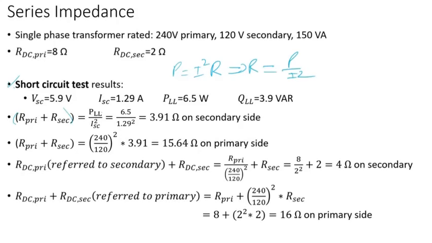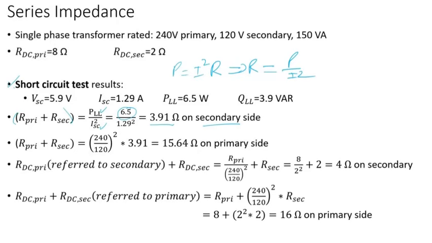And I'm just emphasizing that this is losses measured during the short circuit test, current measured during the short circuit test. So if I plug in the numbers, P is just 6.5 watts, current is 1.29 quantity squared. So I get 3.91 ohms on the secondary because the test was performed on the secondary. So that's something you want to keep in mind.